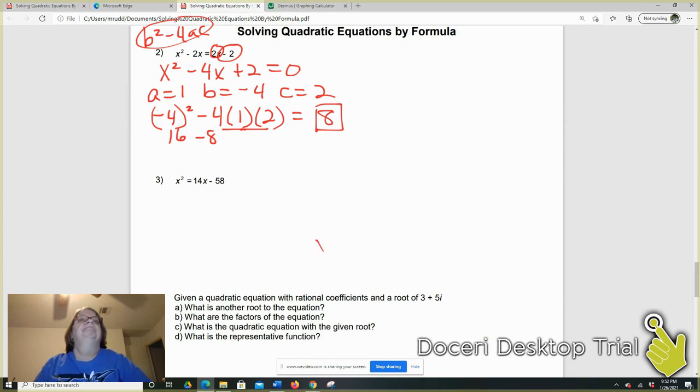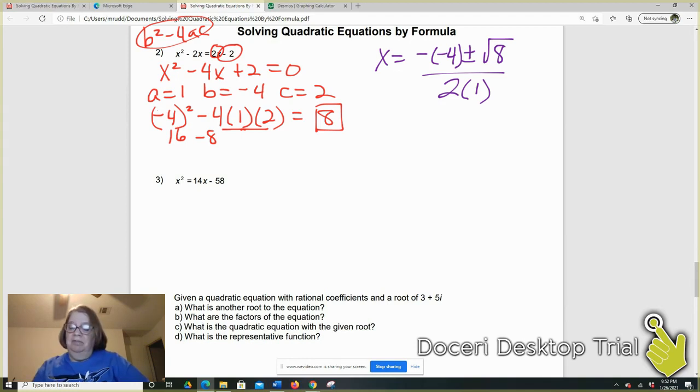Okay? Now what? We're going to put it in the quadratic formula and find our solutions. X equals negative b plus or minus the square root b squared minus 4ac over 2a. So negative negative makes a positive 4. That 8 I can break down to 4 times 2.